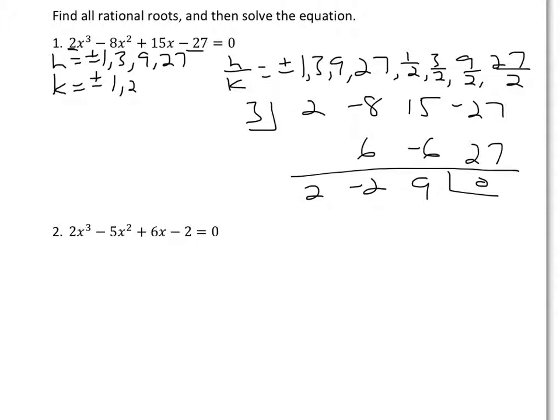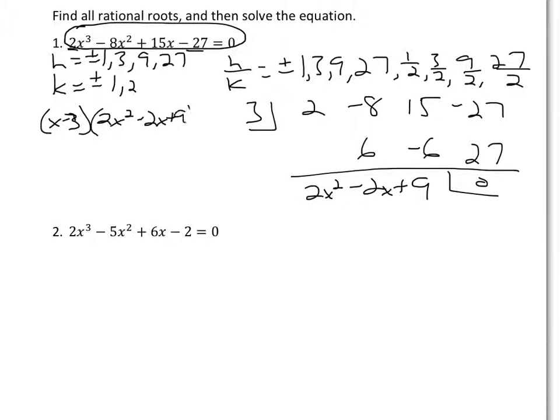Because that works, remember this is exactly like the problems that we worked with in the last section. The synthetic division means we can factor this original polynomial equation to x minus 3 times whatever we have here, 2x squared minus 2x plus 9. That all equals 0. So that tells us that x could be 3, or 2x squared minus 2x plus 9 equals 0.